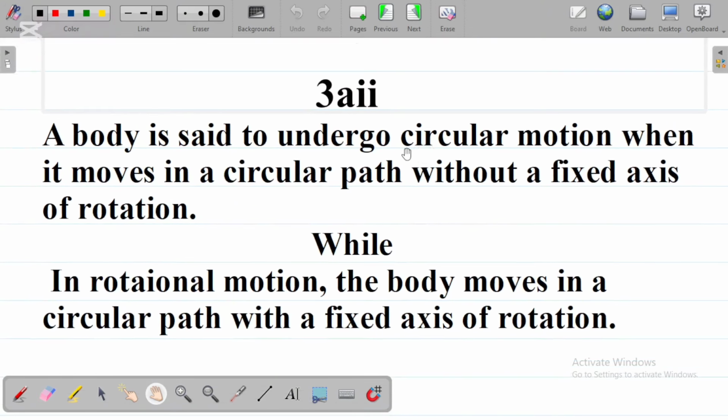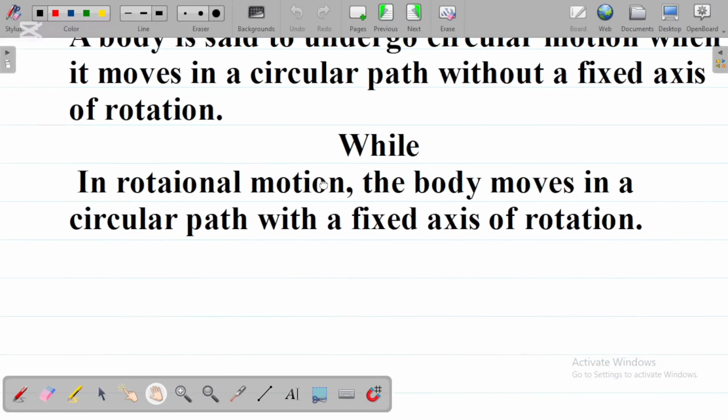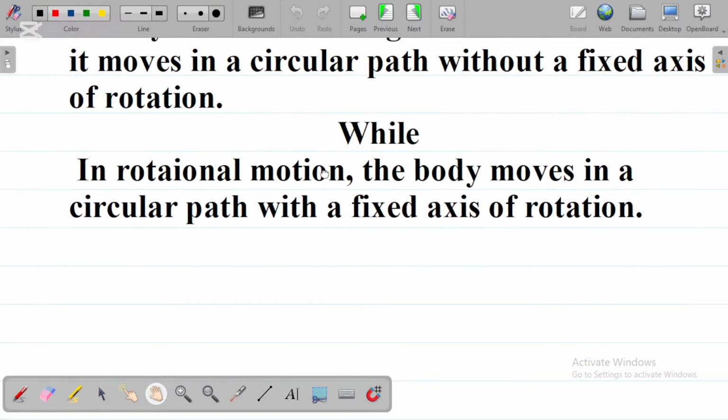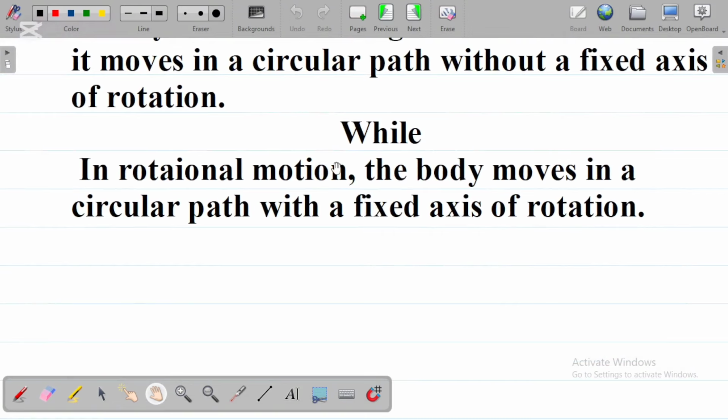So in circular motion, there is no fixed axis of rotation, but in rotational motion, there is always a fixed axis of rotation. Let's take an example.